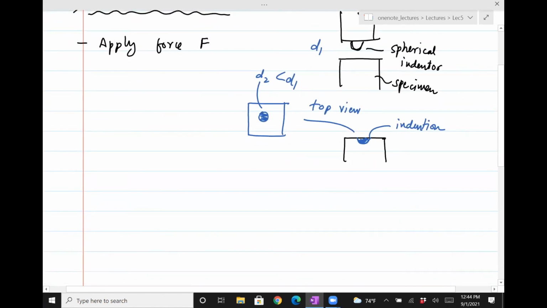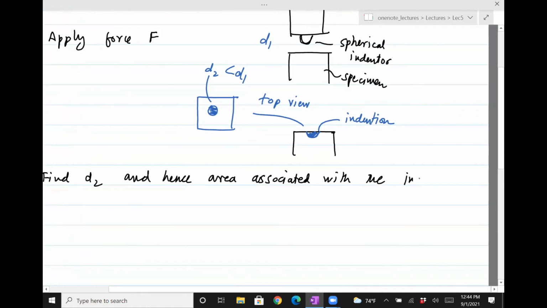Okay, so what you do is you find the diameter D2, and hence the area associated with the indentation.